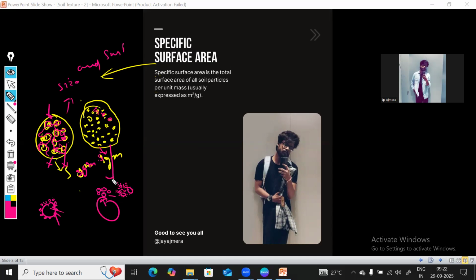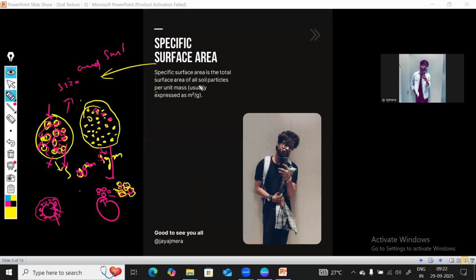So in that case there is that much surface area, and in the other case the surface area is for small particles.